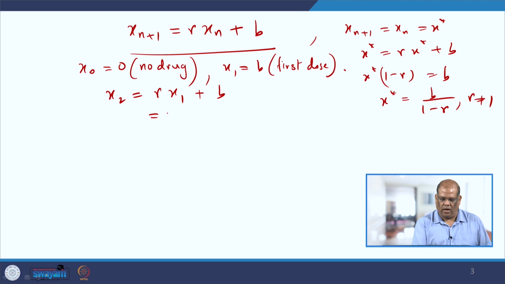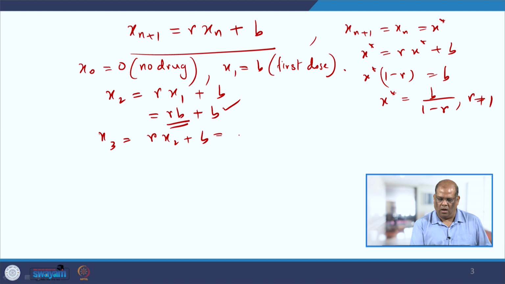So, I get R times b plus b. This is the amount remained from the previous dose, and this is the new dose of drug that has been injected. So, I can write x 3 as R x 2 plus b. Now, R times x 2 is R b plus b, plus b.